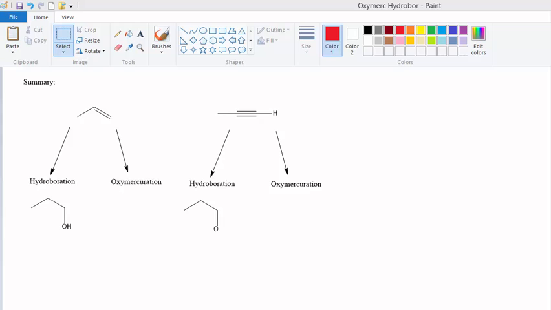Okay, and for the oxymercuration of the alkene, what we get is the alcohol on the more substituted carbon in the double bond, and for the alkyne, we're going to get the carbonyl on the more substituted side of the triple bond. Okay, and we talked about this before.